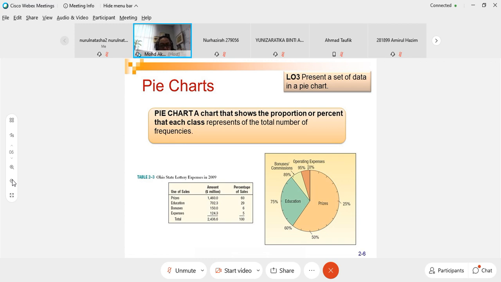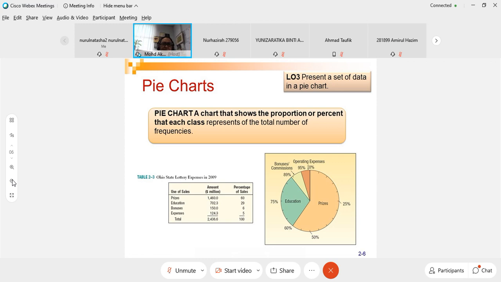Pie chart, one of popular chart that present in the management. Kalau kita jadi management level ataupun kita buat presentation, pie chart ni adalah satu chart yang agak popular.